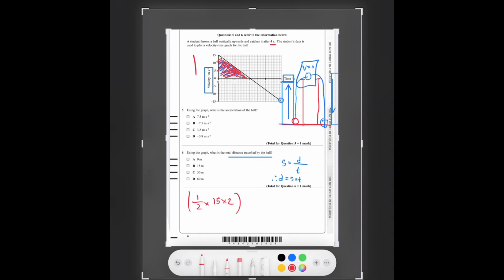The same distance will be traveled when the ball moves from the topmost point to the ground again. So this into 2, so we will have 15, half into 2 is 1, so 1 into 15 is 15, into 2 is 30, so it will be 30 meters. So the answer to this question is C.